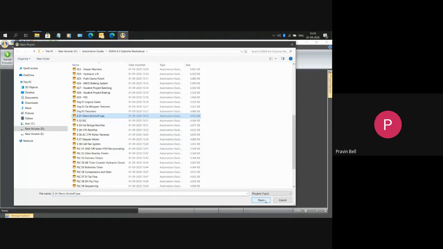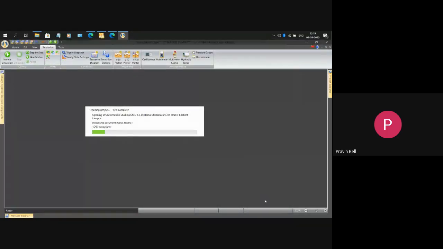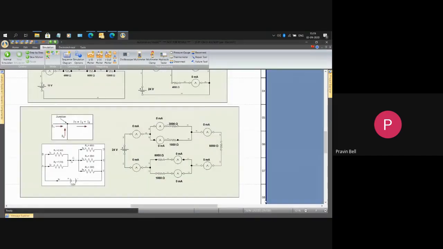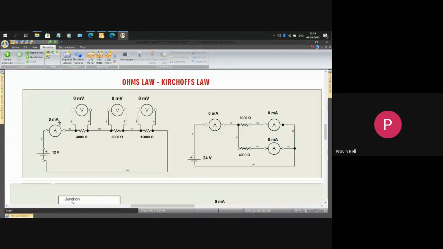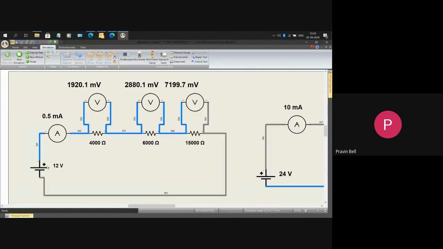Then in certain syllabuses, we've seen in mechatronics that they have introduced the study of electrical circuits also. So RLC components. For example, you can verify Ohm's and Kirchhoff's laws here. If you see this particular circuit, V is equal to IR: across a 4000 ohm resistance, 0.5 milliamps.